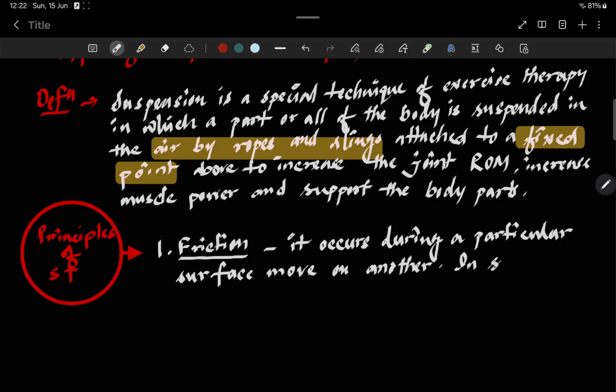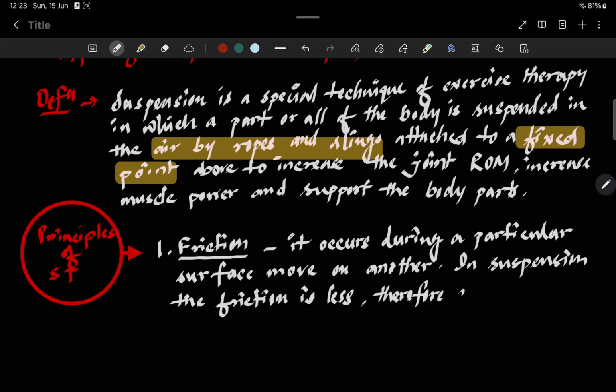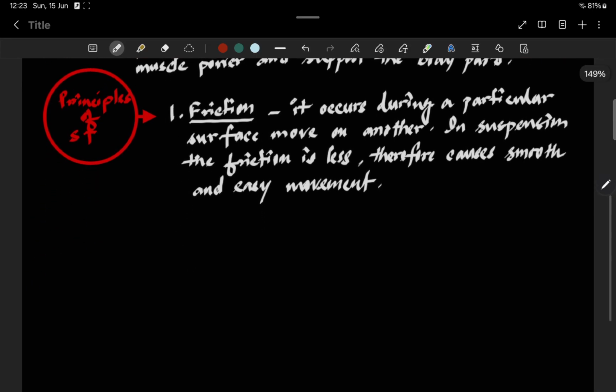In suspension, the friction is less, therefore it causes smooth and easy movement. So, first principle is the friction.